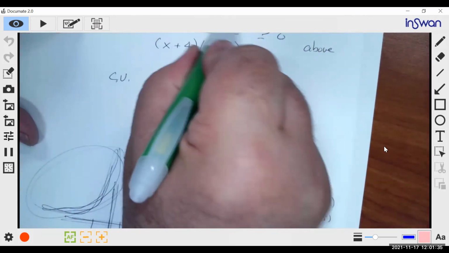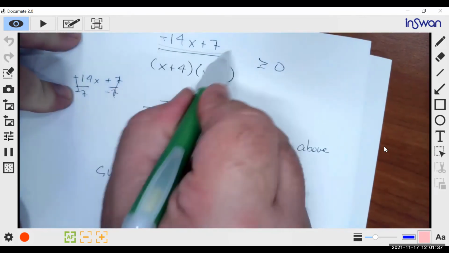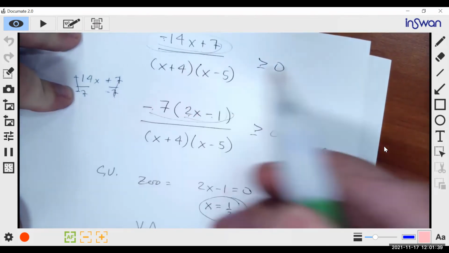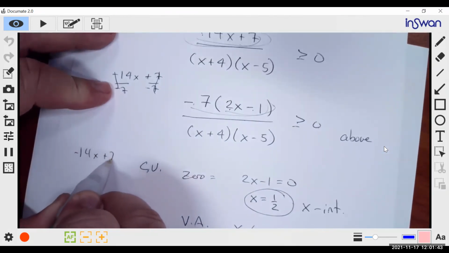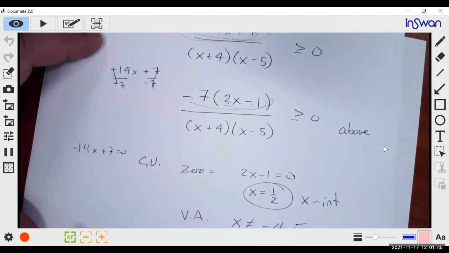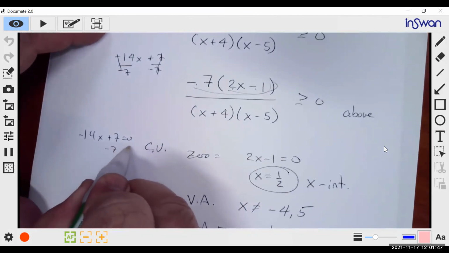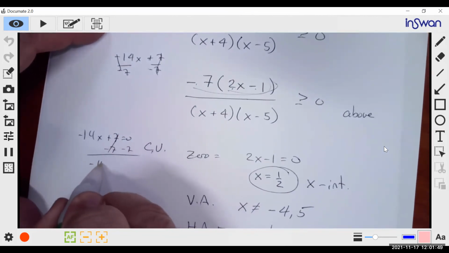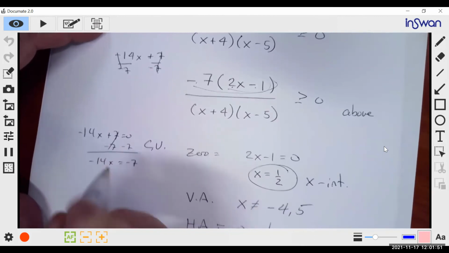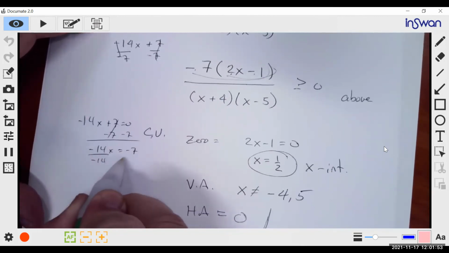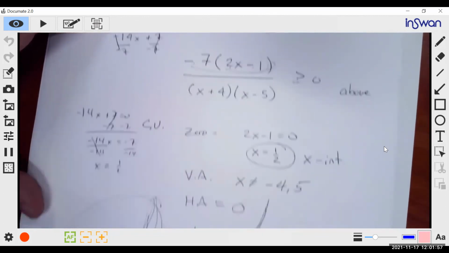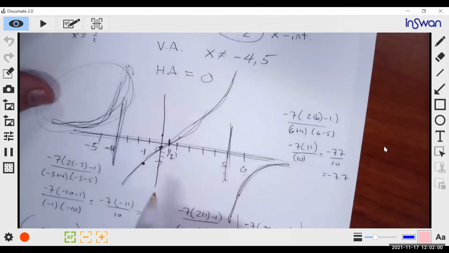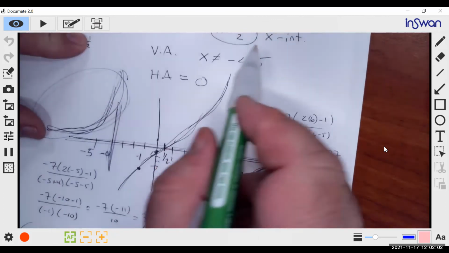I took the top, set equal to 0. Negative 14x plus 7. Subtract 7. Negative 14x equals negative 7. Divide by negative 14. X equals 1/2. So that's right. So I went above the x-axis.